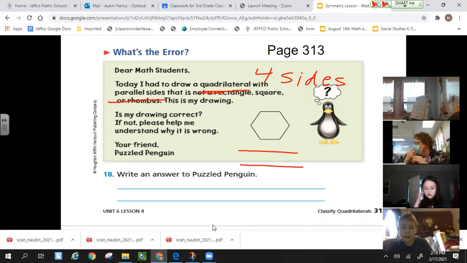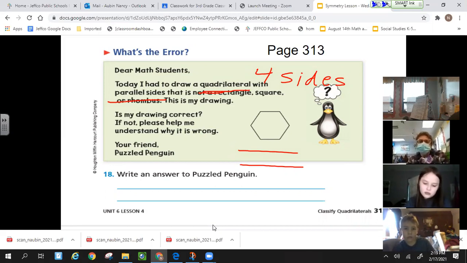But I did want you to mention the quadrilateral as well. So knowing that a quadrilateral has to have 4 sides and that it has to have parallel sides, that tells me something about this shape that is wrong. Paxton, what do we know about the shape which most of you named in your exit ticket?